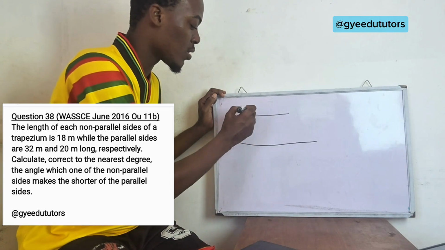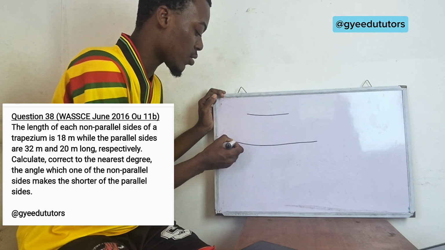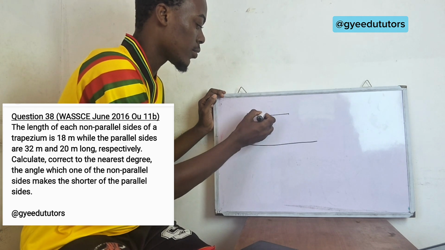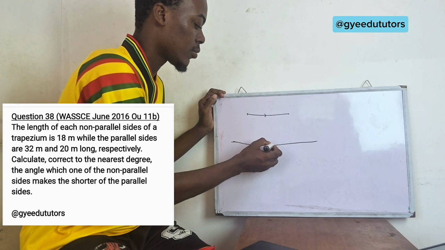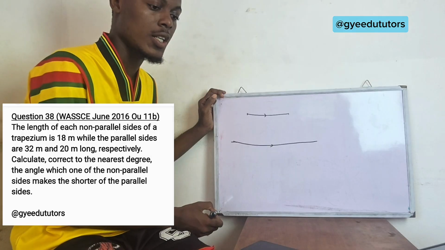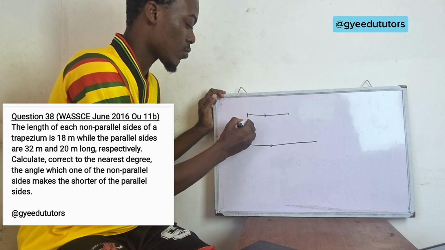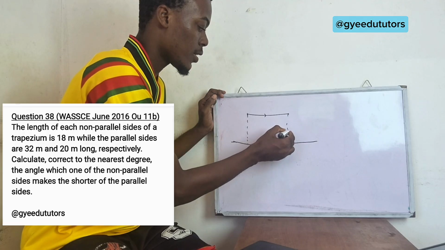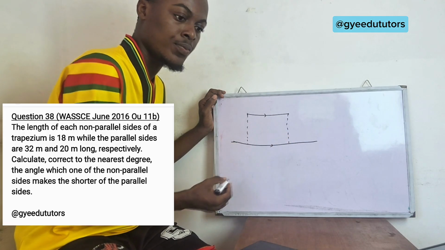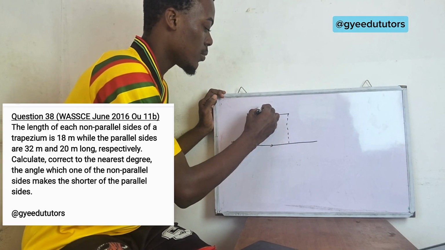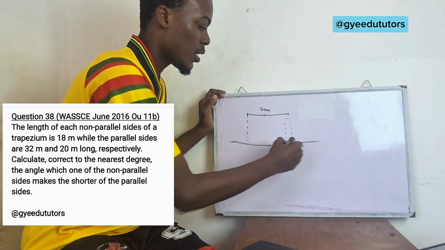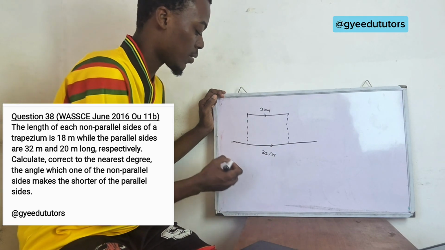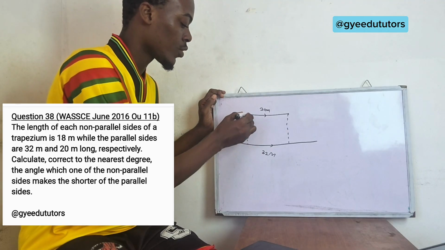One side is 20 meters, so let's make this the shorter side, and this side is 32 meters.